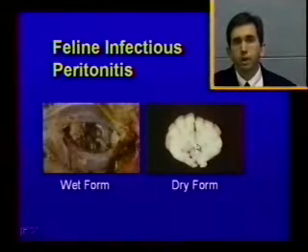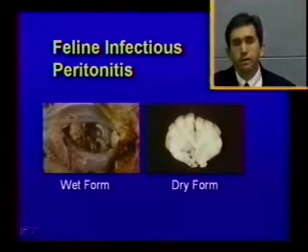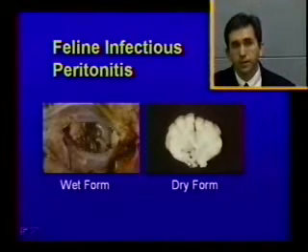Then the dry form is one that does not cause this effusion and this inflammation in the two body cavities. This is one that usually causes a brain disease. This is a section of brain. In other words, the brain was removed from a cat that died of this condition and then was cut transversely.